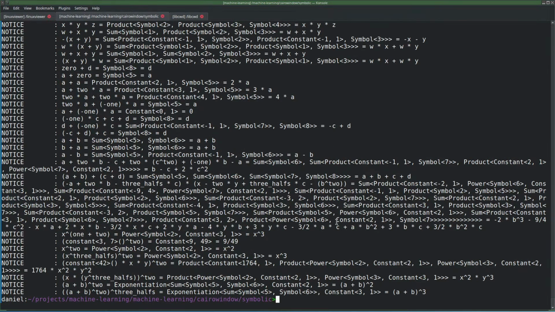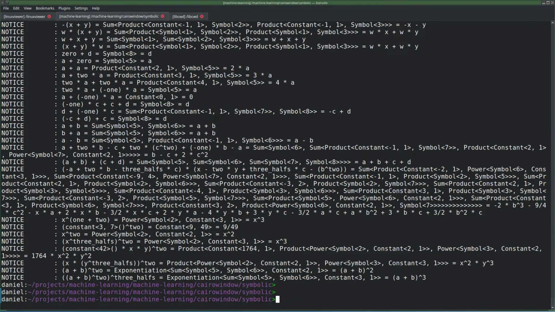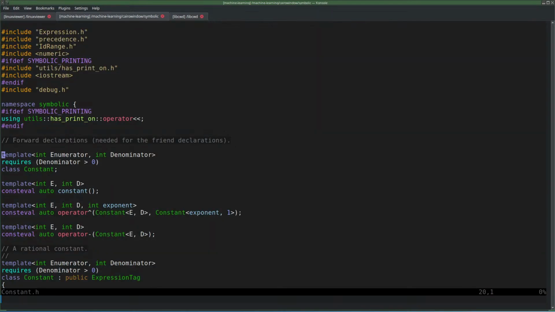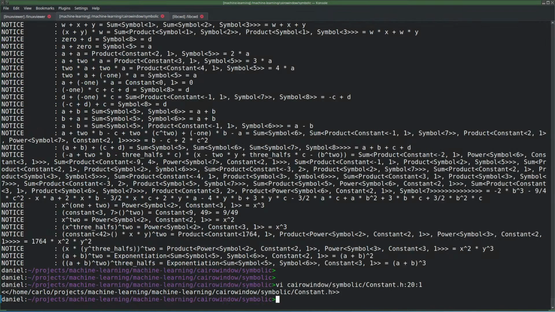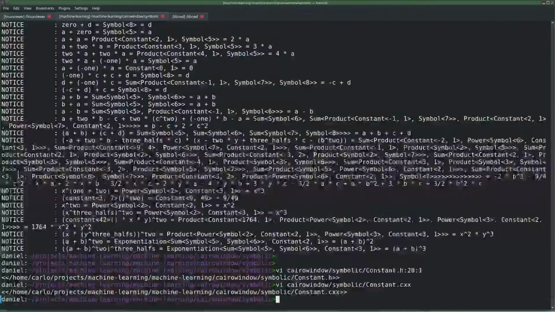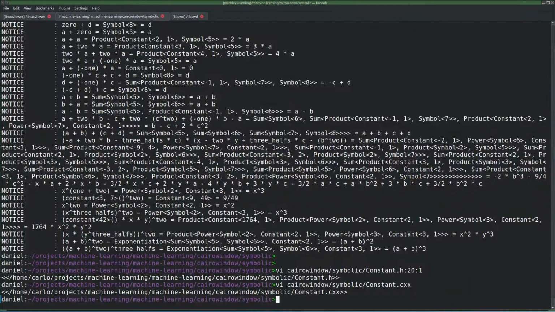Yes, now it works again. That was the only problem. Then let's remove this requires again. Because what am I doing? For declaration, it's still here.